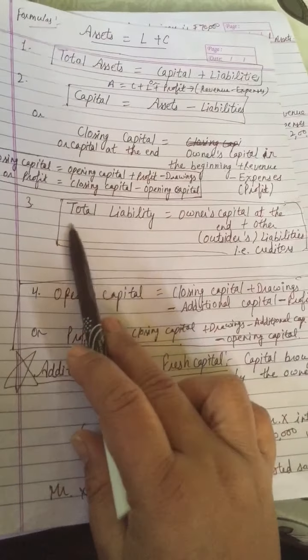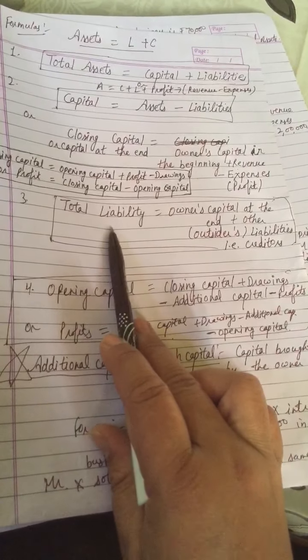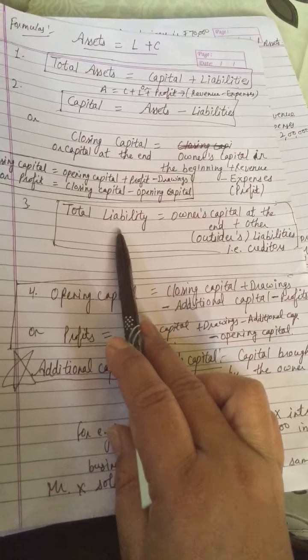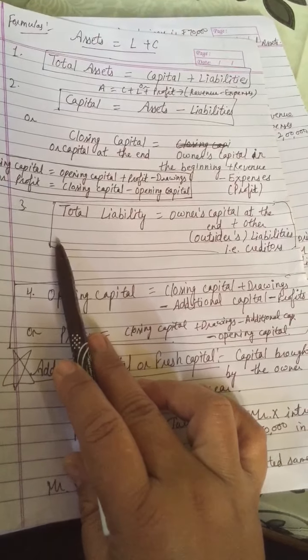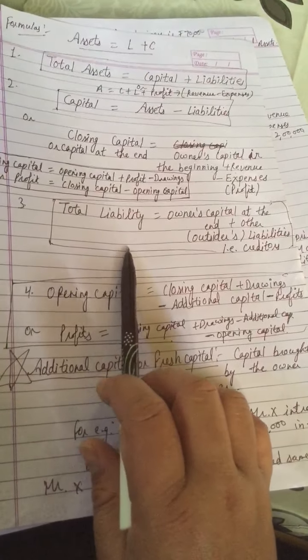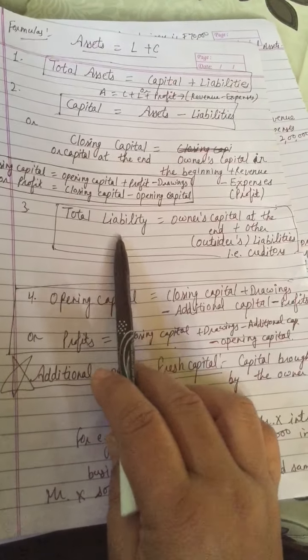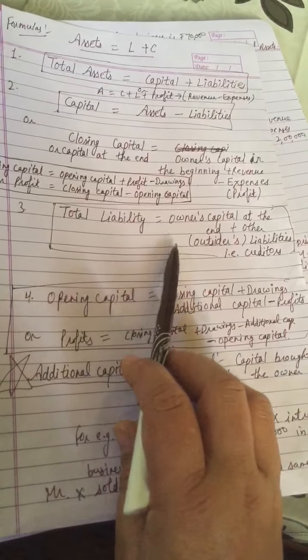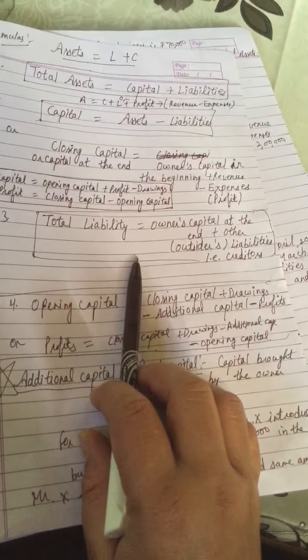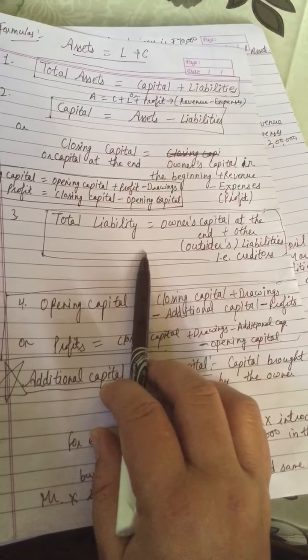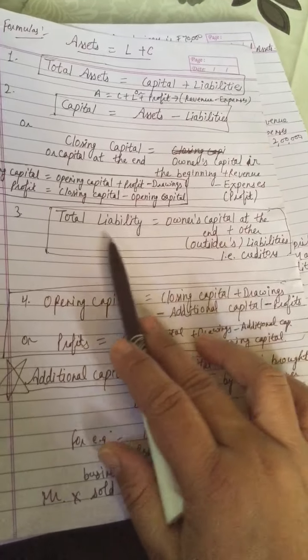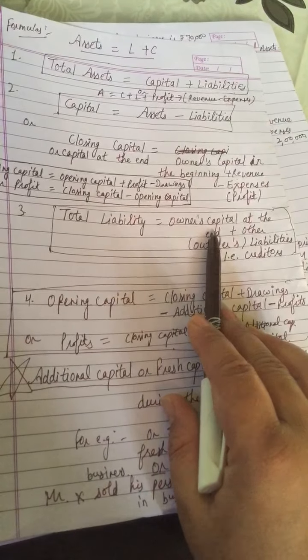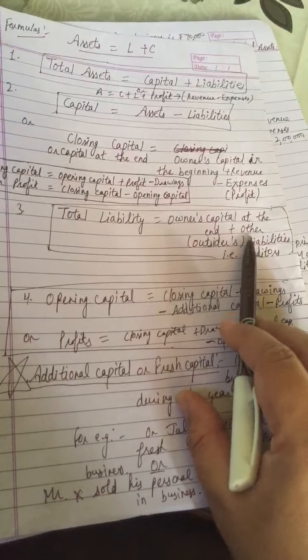Next formula is total liability. We have discussed in the starting of this chapter what total liability is. Total liability is equal to owner's capital plus outsiders' capital. Total liability equals owner's capital at the end plus other liabilities.